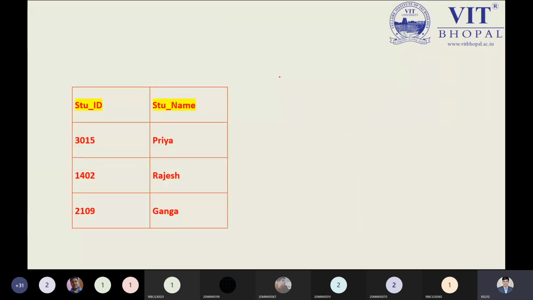Student ID, comma, student name is determinant to student name.